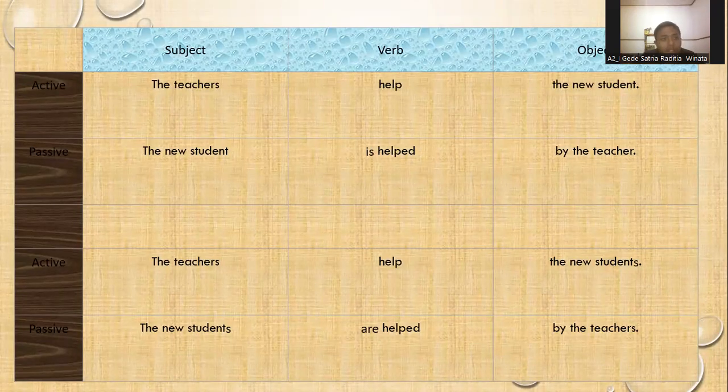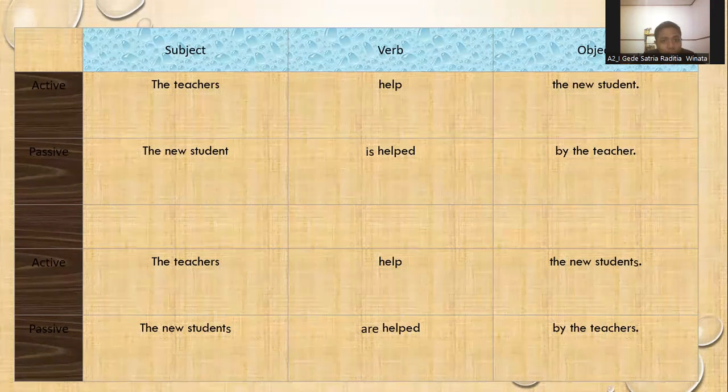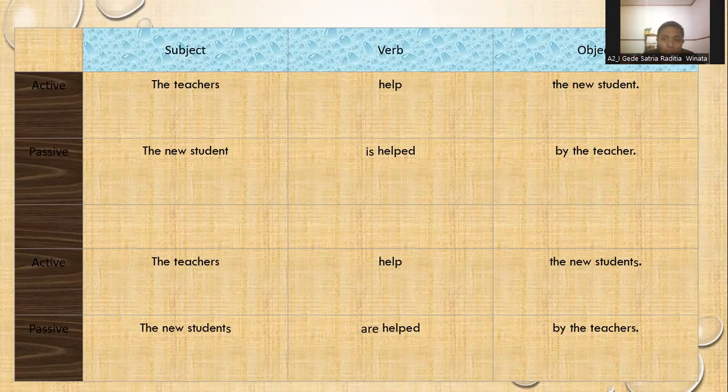Defining the active, passive, and subject, verb, and object. Active: the teacher helped the new student. Passive: the new student is helped by the teacher.